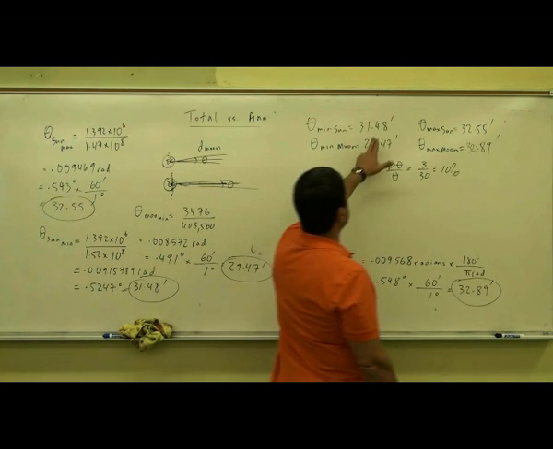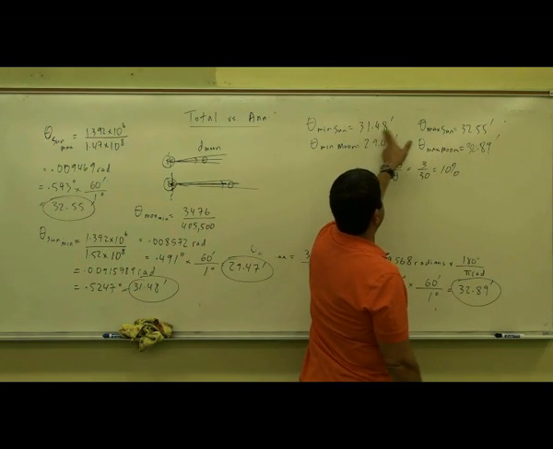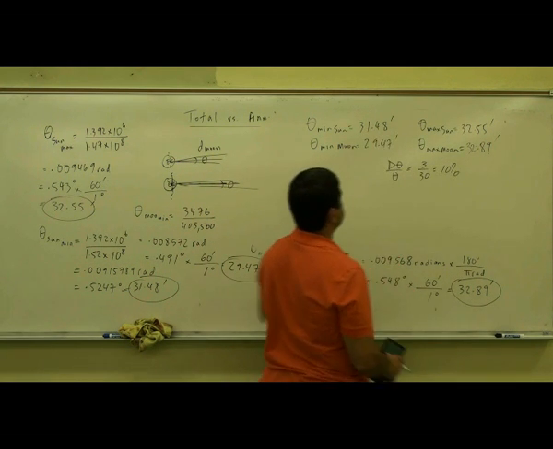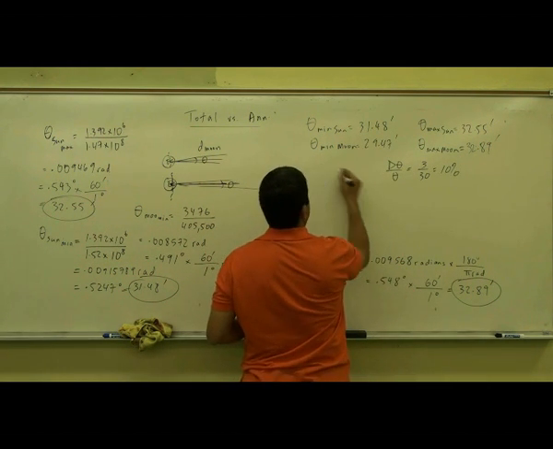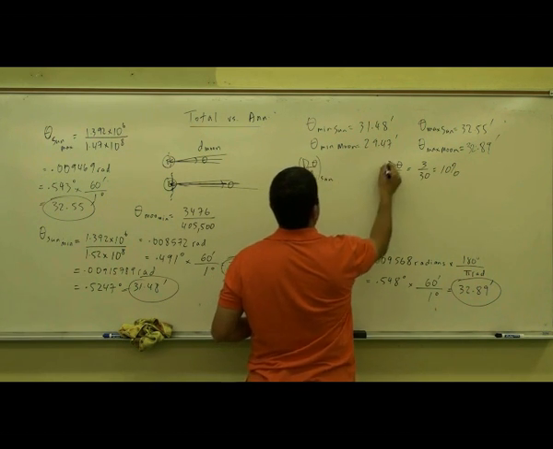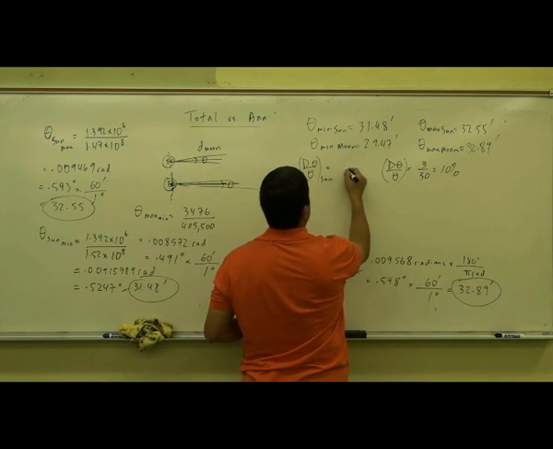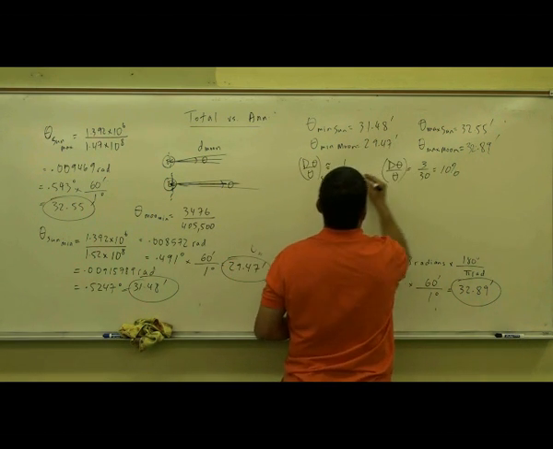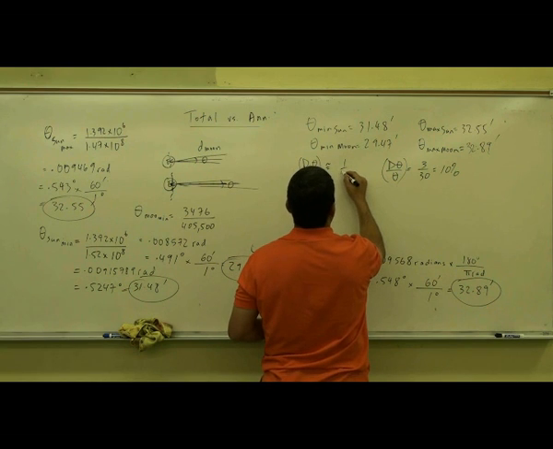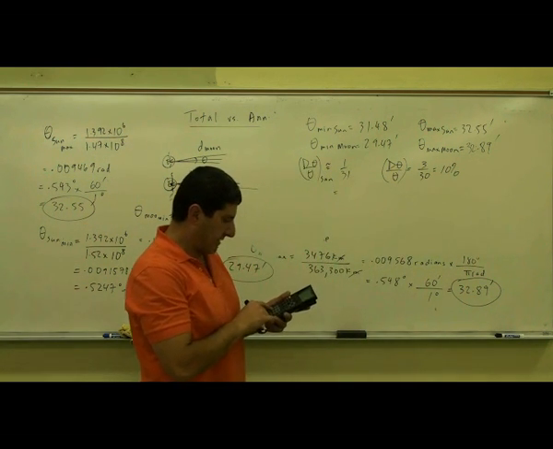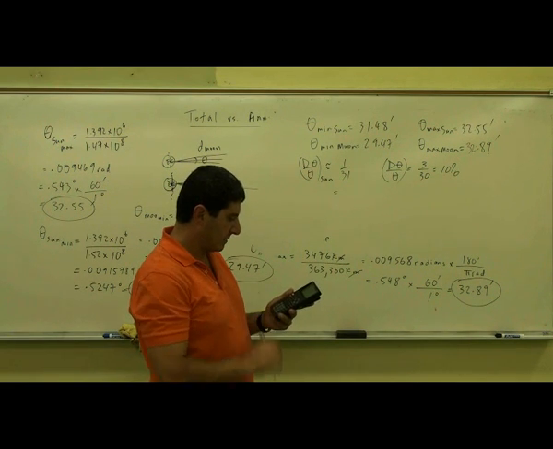The sun, however, only changes by about 1 arc minute. The difference between these is about 1, right? So for the sun, we have roughly 1 divided by the average of the sun, which is about 30, 31. So I'm going to do 1/31, roughly about 3%.